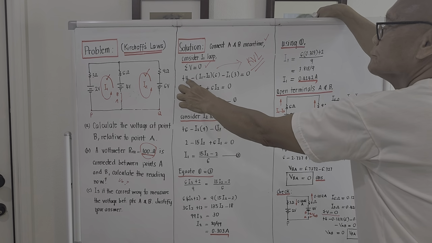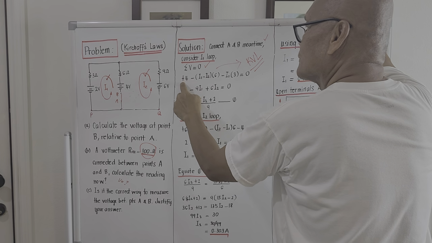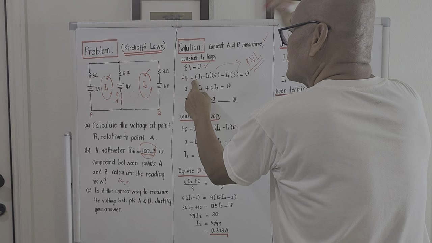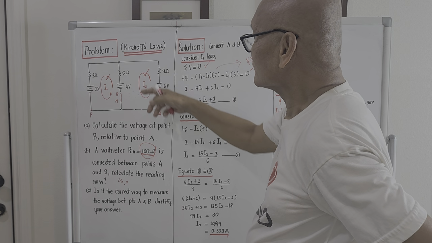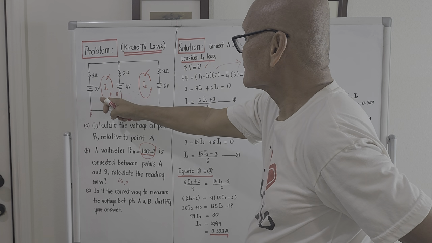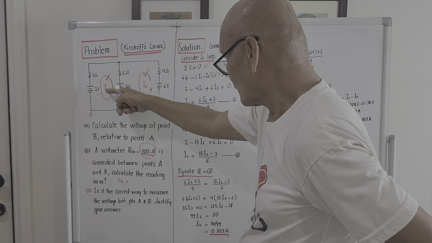Plus 4. Considering this one, it's a voltage source, right? It's a plus 4. There's a drop here. Minus the quantity. The current passing through the 6 ohm load here, if we consider the I1 loop, I1 will be a plus and I2 is minus because it's against the direction of I1.